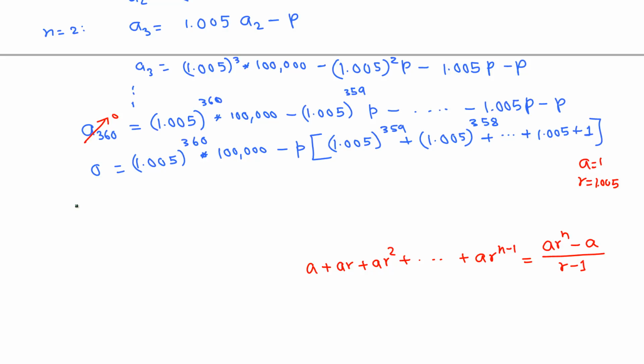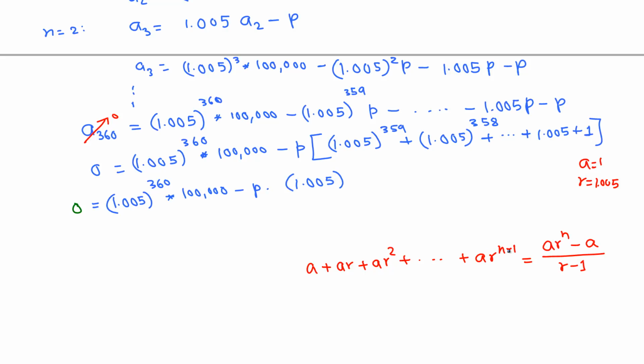Now using this geometric series sum, let's find this sum. So 0 equals 1.005 raised to 360 times 100,000 minus P times this sum: a is 1, the first term, so we don't care about that, r raised to n, so 1.005 raised to n.